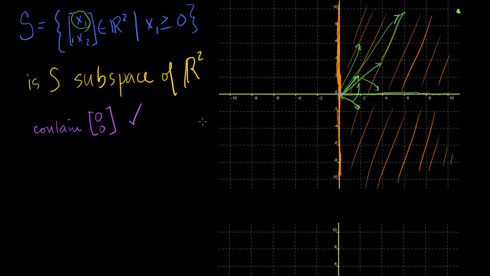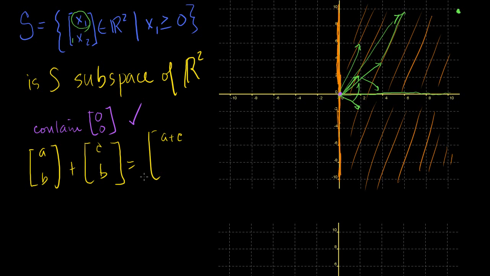I would get a vector that looks like that. And if I did it formally, let's say I have two vectors that are members of our set. Let's say the first one is (a, b), and I add it to (c, d). What do I get? I get (a plus c, b plus d). So a plus c is going to be greater than 0, because a and c are each greater than 0.